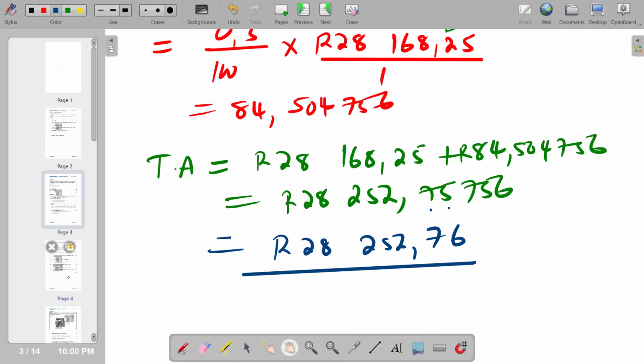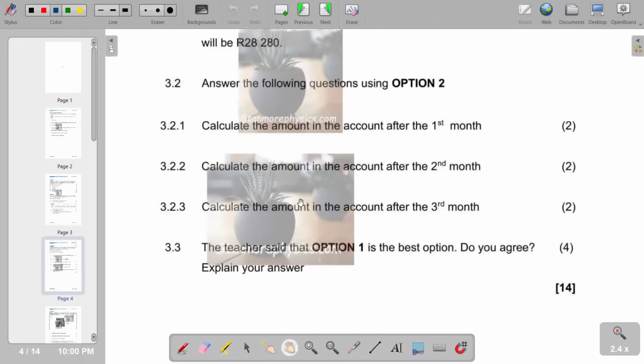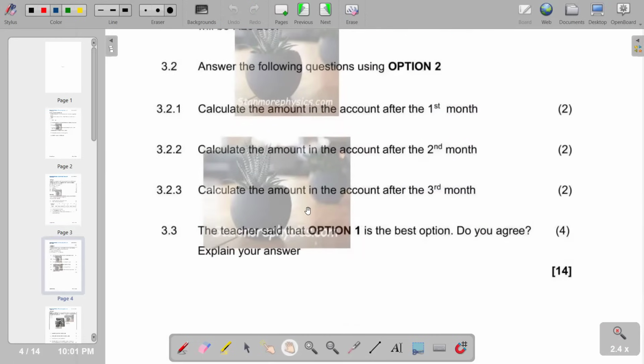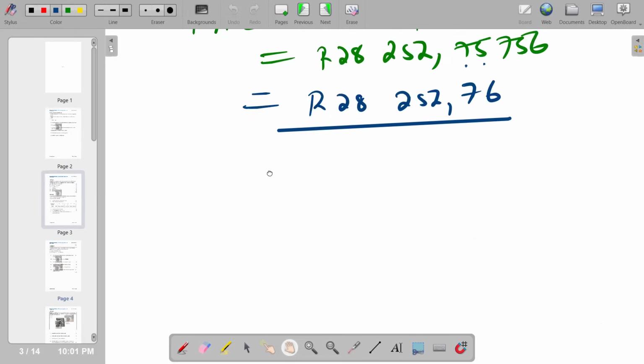Then the next question requires us to compare the two options. The teacher said that option 1 is the best option. Do you agree? Then you explain your answer. So of course we have to calculate the interest for option 1 and option 2, and then compare the interest.